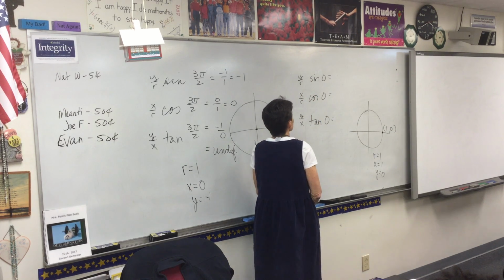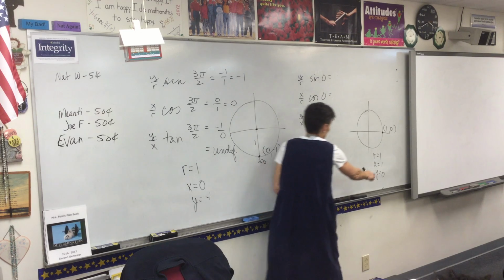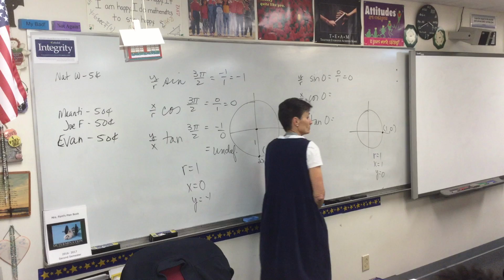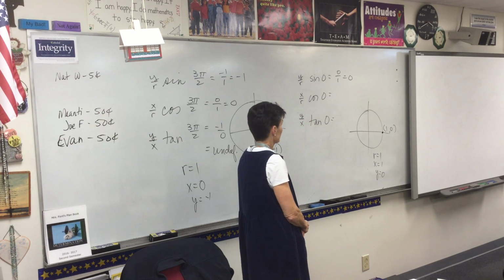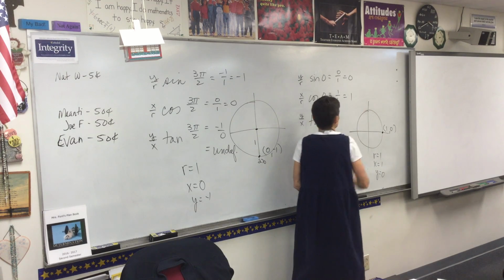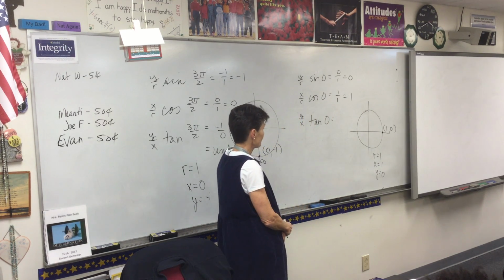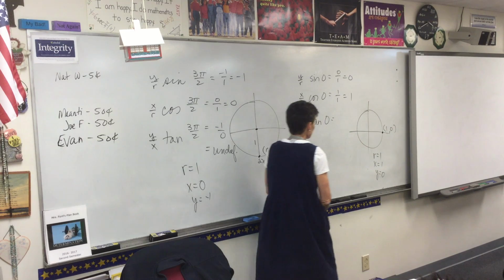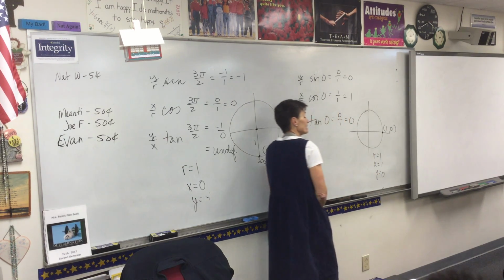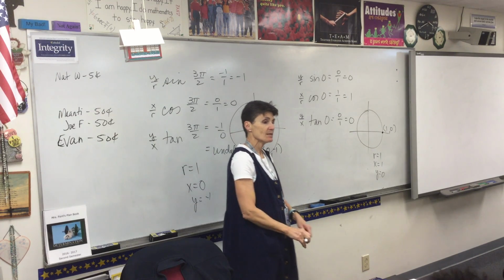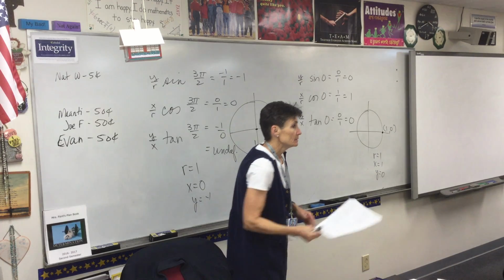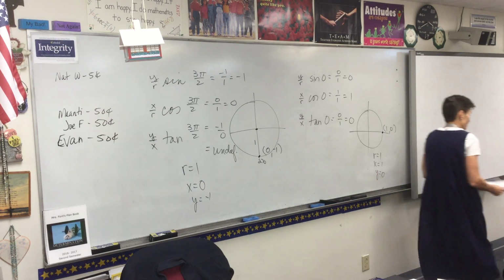Y over r is 0. X over r, 1. Very good. Tangent y over x, which isn't undefined, it is 0 because the 0 is on top. All right?